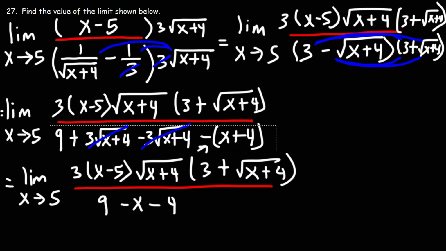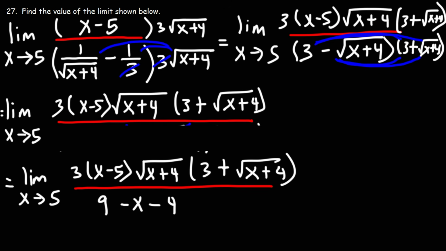Let's just get rid of this part. That'll save some time. The numerator is still the same, so there's no point rewriting it. Now, 9 minus 4 is 5. So we're going to have 5 minus x.